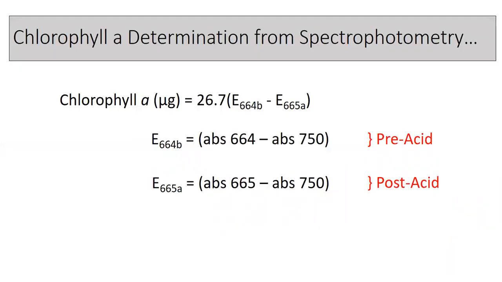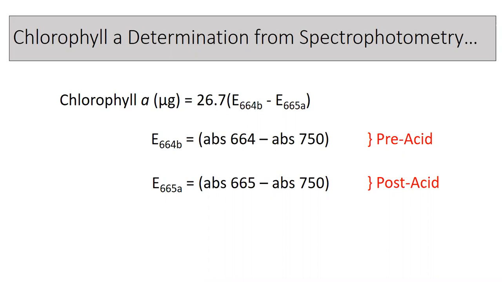So this is how one determines chlorophyll A concentrations. There are actually multiple photosynthetic pigments, but chlorophyll A is the primary pigment that aquatic periphyton use. So we can use this chlorophyll A as sort of a proxy for rates of primary productivity.